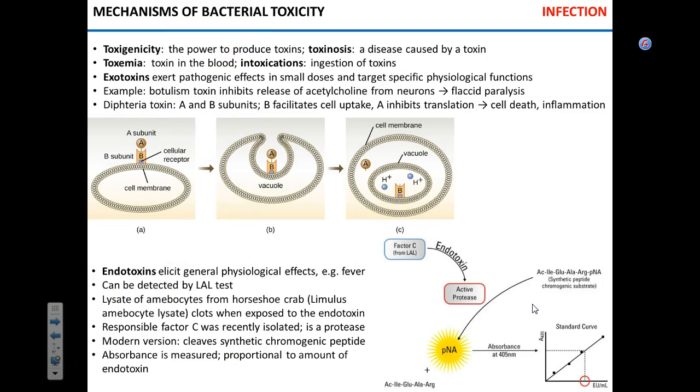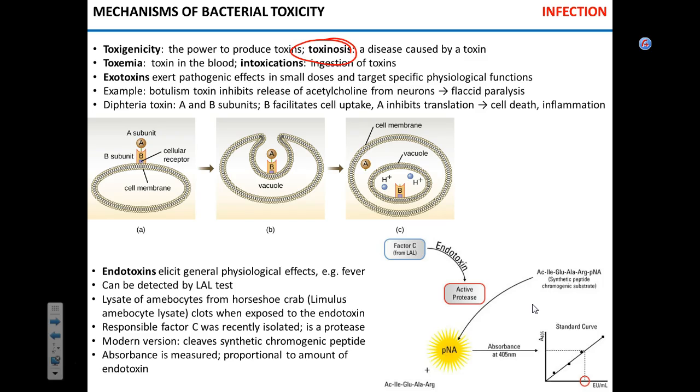So, keeping up with the toxins, a few terms that you have to know. Toxigenicity, the term that shows whether the microbe can or cannot produce toxins, and at which level it produces them. Higher toxigenicity, more toxins.